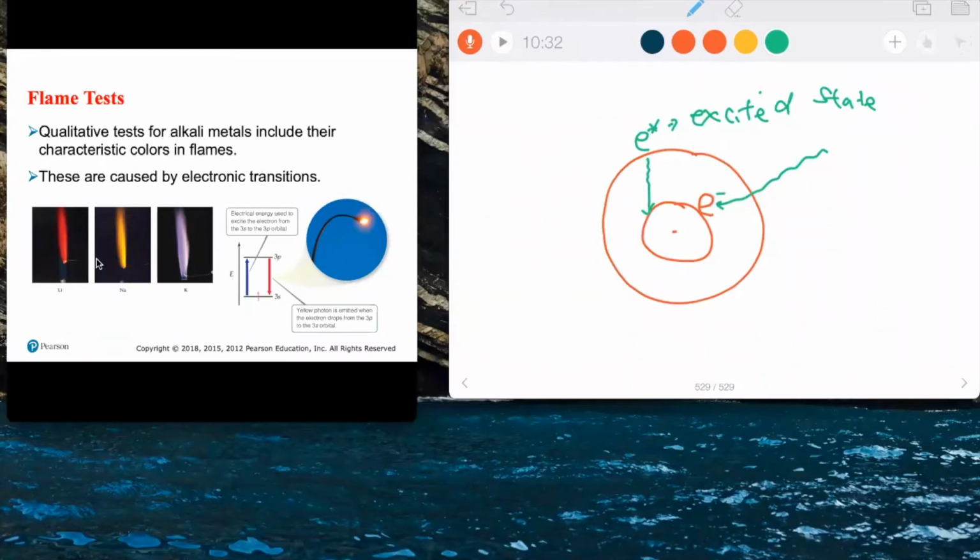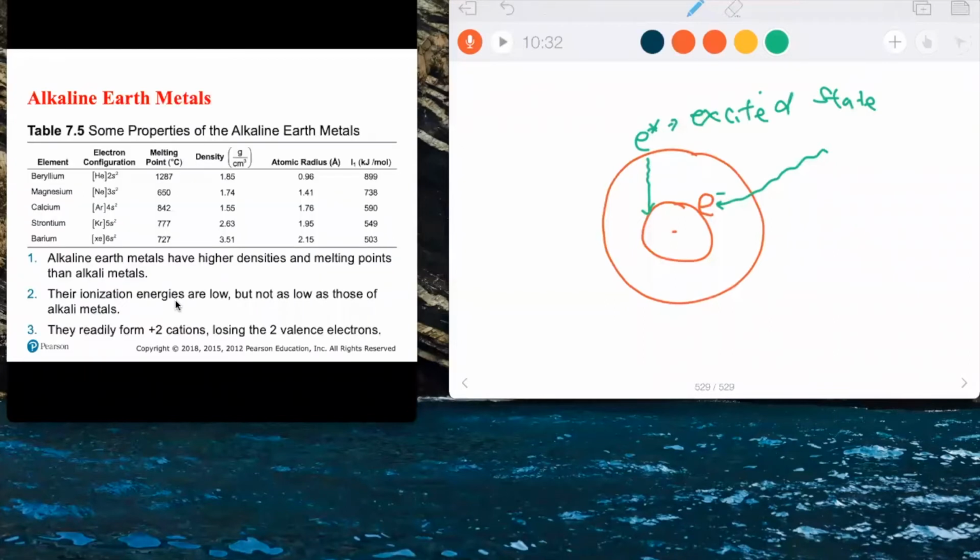No one will expect you to memorize the colors here, but if need be, you'll be given them. You need to know which corresponds to what. Your friends at home just enjoy the fireworks, but at least you can look at it with a different perspective, with a different understanding, explaining electrons coming down to ground state and emitting a photon of characteristic wavelength.